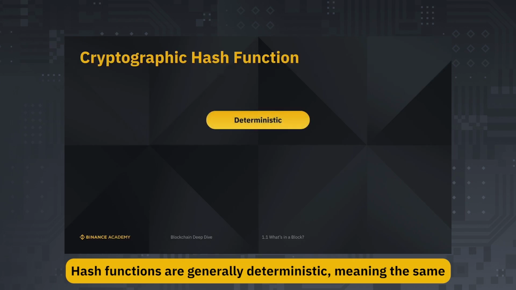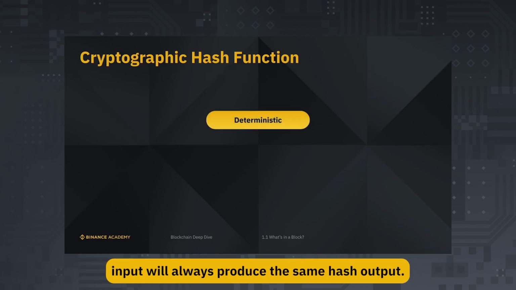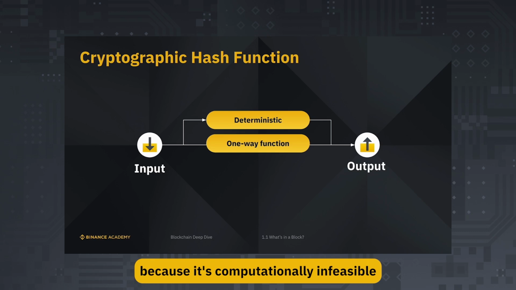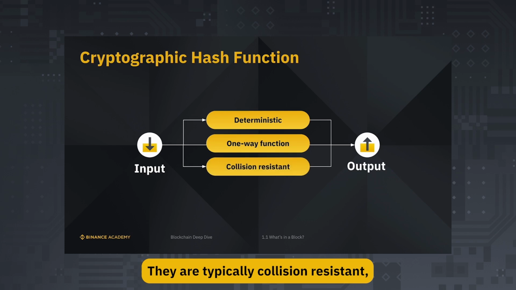Hash functions are generally deterministic, meaning the same input will always produce the same hash output. Hash functions are also one-way functions because it's computationally infeasible to arrive at the input data by reverse engineering the hash output. They are typically collision-resistant, meaning it's extremely unlikely to find 2 different inputs that produce the same hash output.